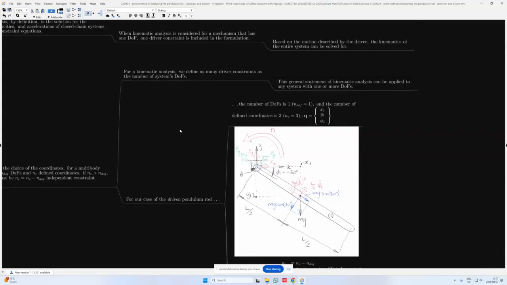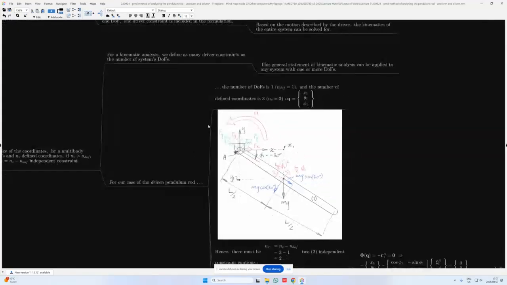Now, for our case of the driven pendulum rod, the number of degrees of freedom is 1. So remember that we have 3 times 1, so 1 body, minus the number of constraints that we impose. So we have a revolute joint over here. Revolute joint limits X and Y translation. So you have 2 constraints. So it's 3 times 1 minus 2, and that's how we end up with this single degree of freedom.